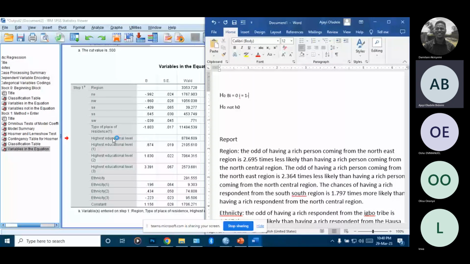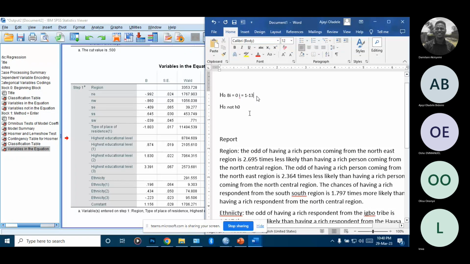We have 1, 2, 3, 4, 5, 6, 7, 8, 9, 10, 11, 12, 13. So i equals 1 to 13. And the other hypothesis is that the beta i's are not equal to 0.